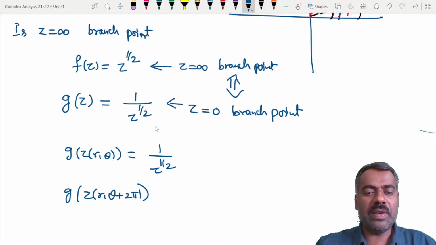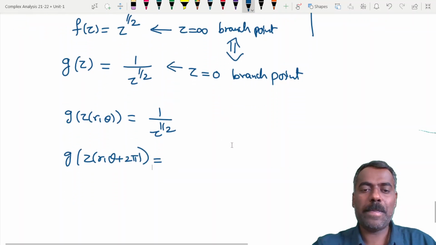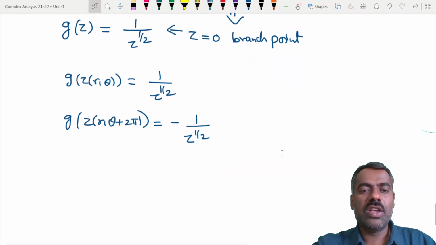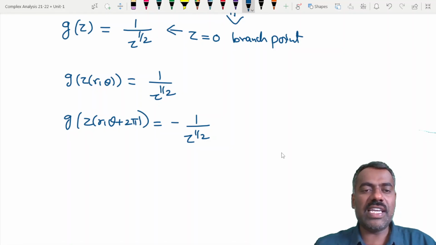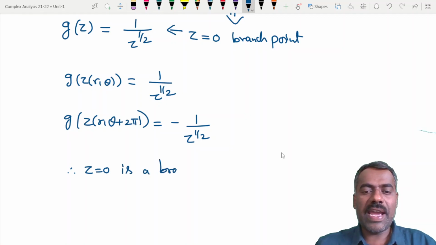What will this value become? The way we have calculated there, it is minus 1 by z power half. Is that clear? Yes or no? So therefore, this is a multivalued function and the value is changing. So therefore, z is equal to 0 is a branch point for this function g of z.